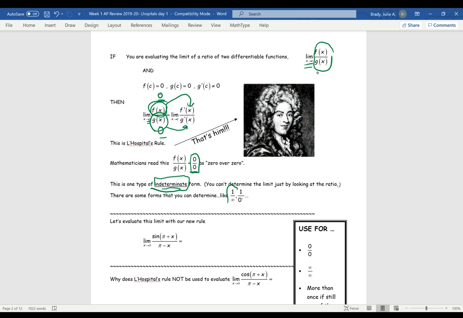Like if you have something where the numerator is going to 1 or 7 or 8, I think in class I used the number k, and the bottom is getting ginormously big, that's going to approach 0. You don't have to do anything more. You know, a fixed number over something that's getting increasingly large goes to 0. And then we did the ones too, like what if you've got a fixed number and you're going to something that's 0?